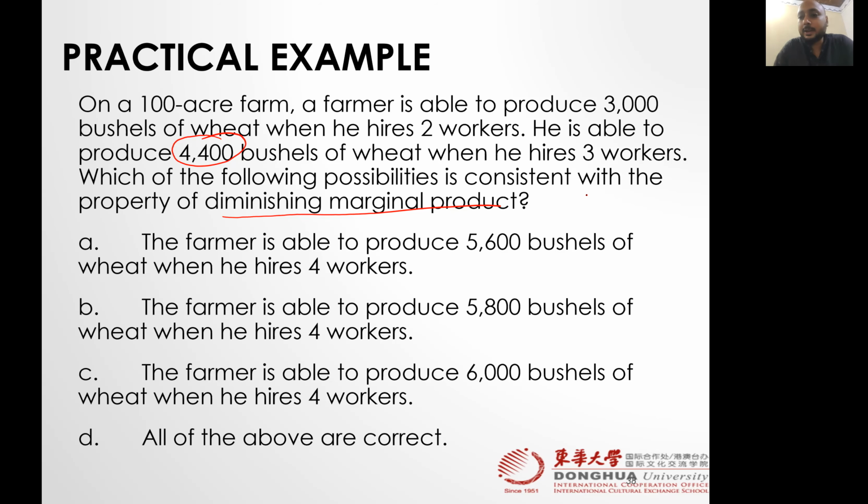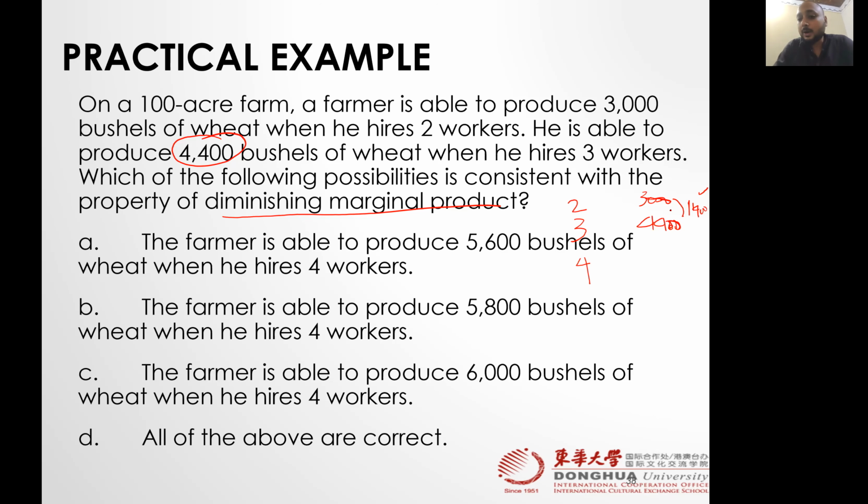So just write it down here. 2 workers, 3,000 bushels. 3 workers, 4,400. What is the marginal product? 1,400. It means if you hire the 4th one, it must go down from 1,400.